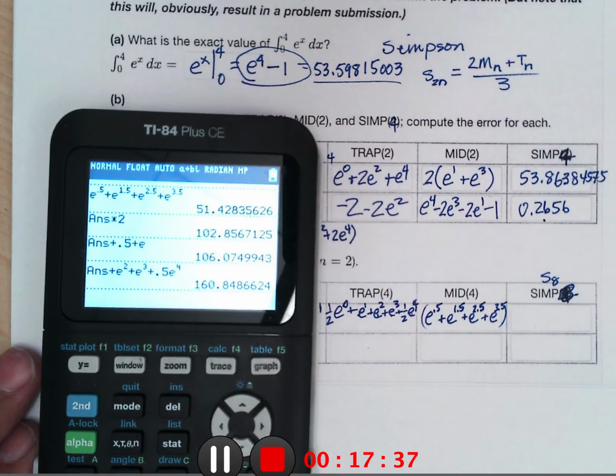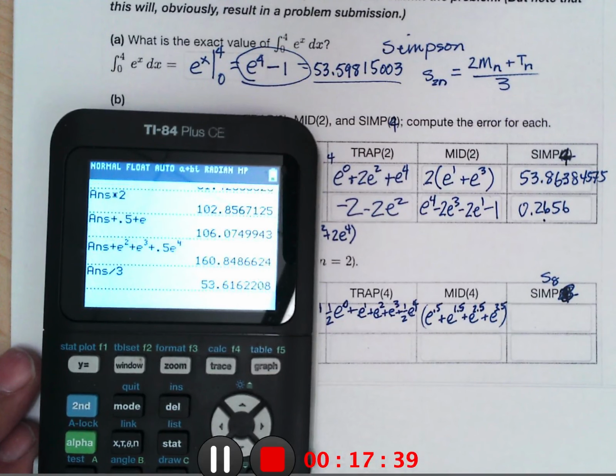So divide by 3, and that should be really close to the correct answer.